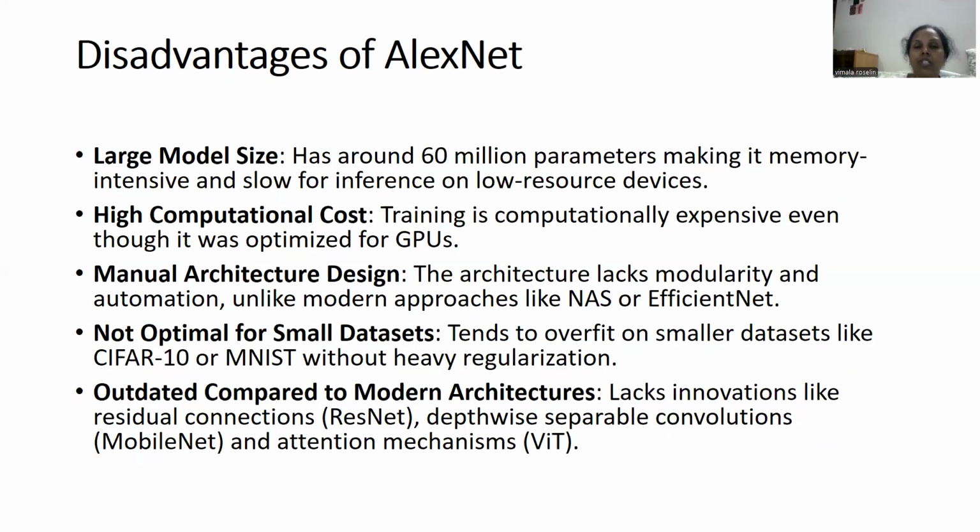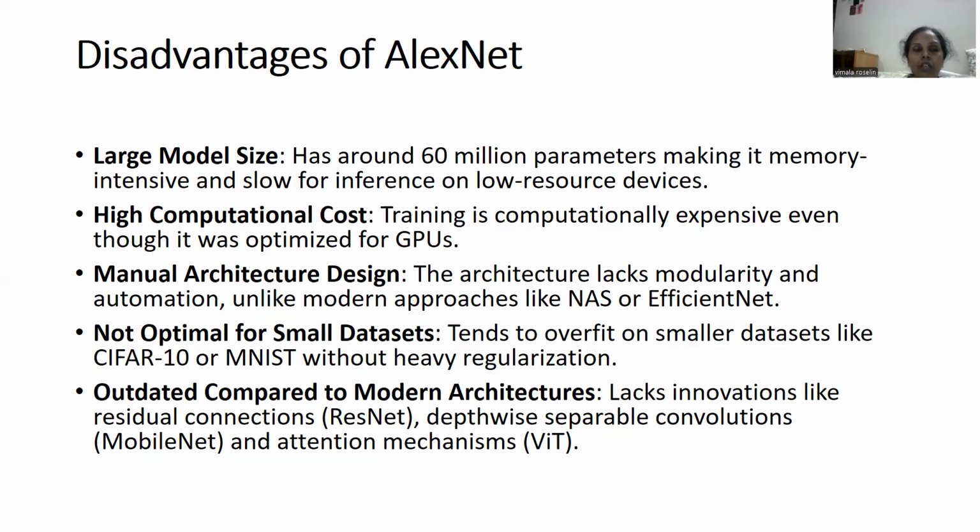Some disadvantages are also there in AlexNet. First is large model size. It has around 60 million parameters, making it memory intensive, and it is very slow for inference on low-resource devices, with high computational cost. Even though it is optimized for GPU, it is very expensive, and the architecture is manually designed, so it lacks modularity and automation.